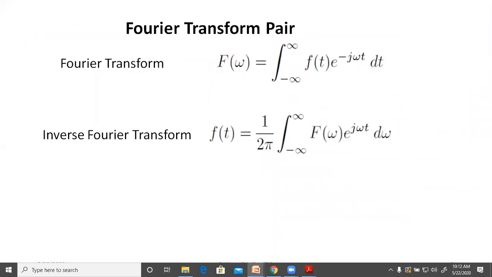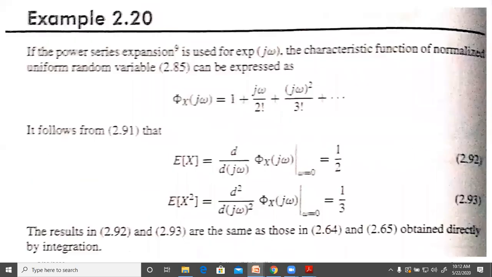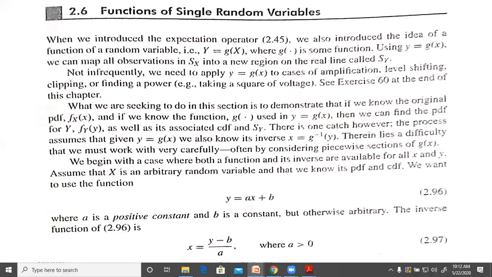If we consider functions of a random variable, it just means that you have a function of the random variable, which might be some g of x or phi of x or whatever you call it. Each one just corresponds to a function.